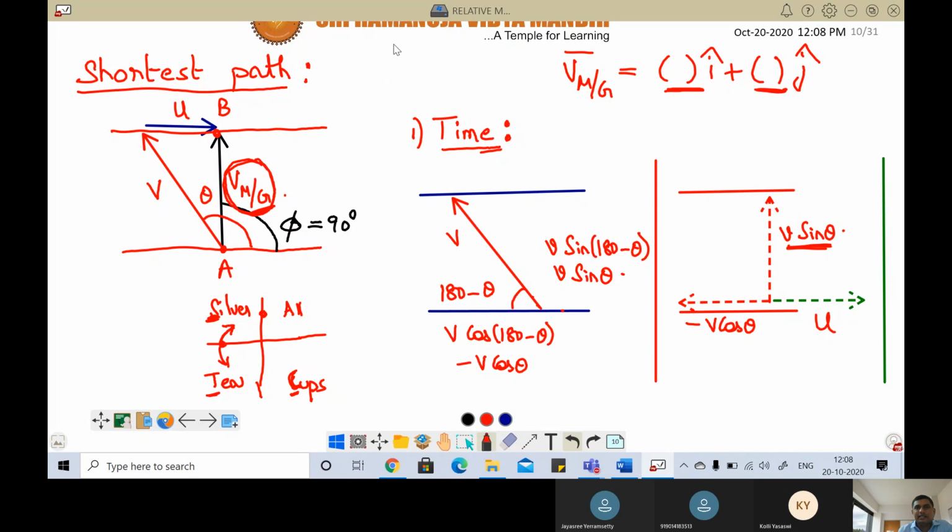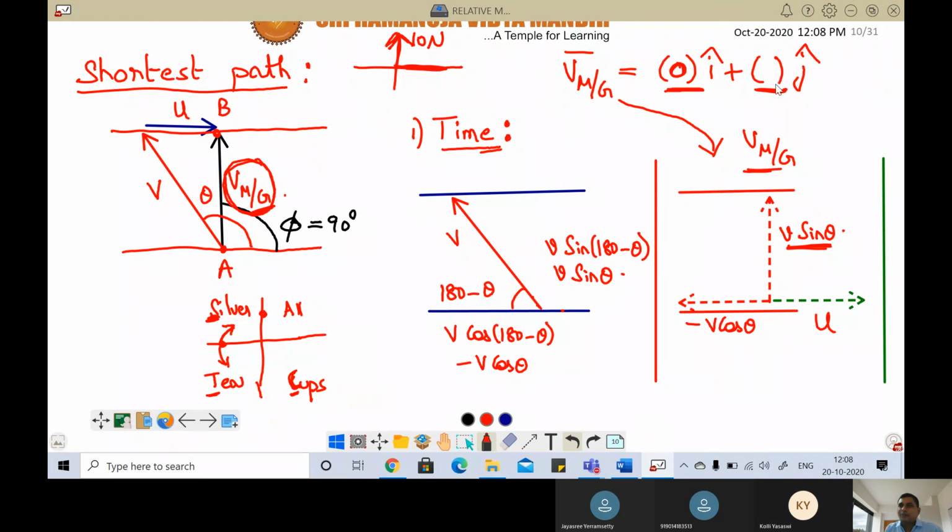Any vector which is along the y axis, suppose 10 newtons is along the y axis, what is its x component? There will be no x component. The x component is 0. So this is our final vector of velocity of man with respect to ground.